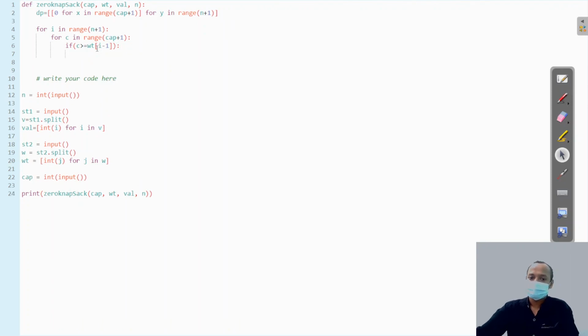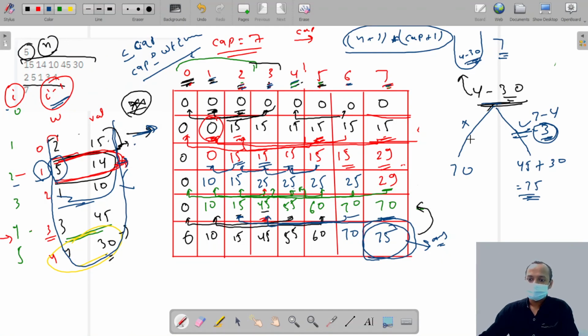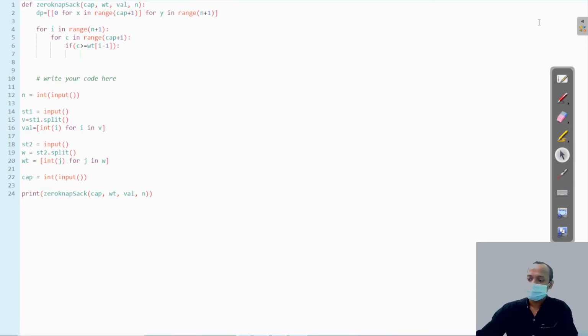Now what we are doing, we exclude this item and we include this item. We have two choices. Then we compare and store the maximum value in our DP. So first we exclude this item. What is the excluding value?